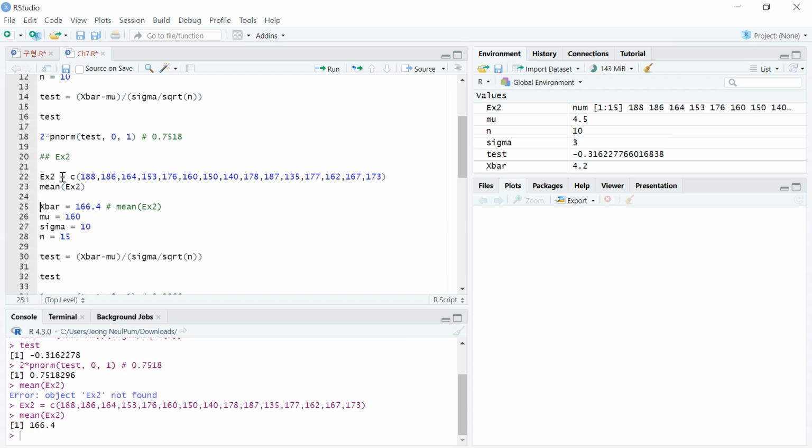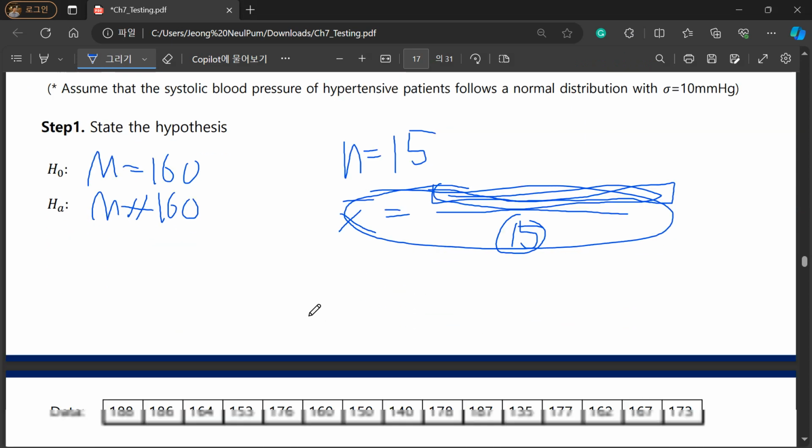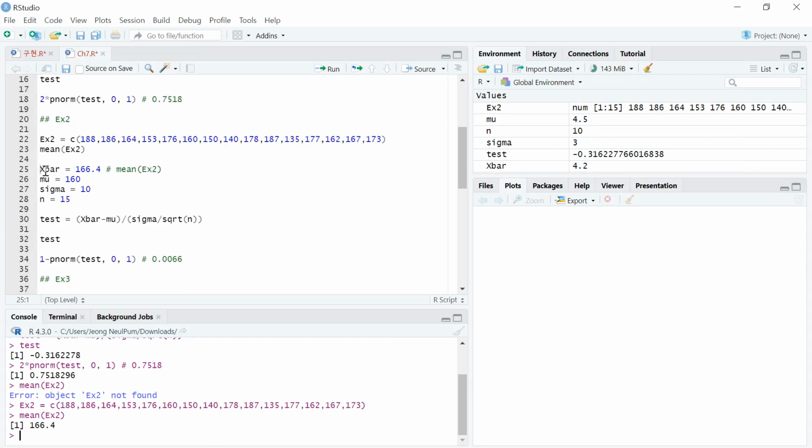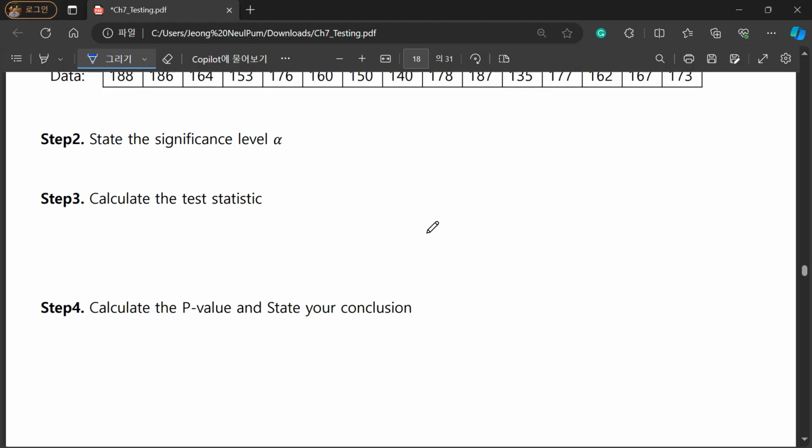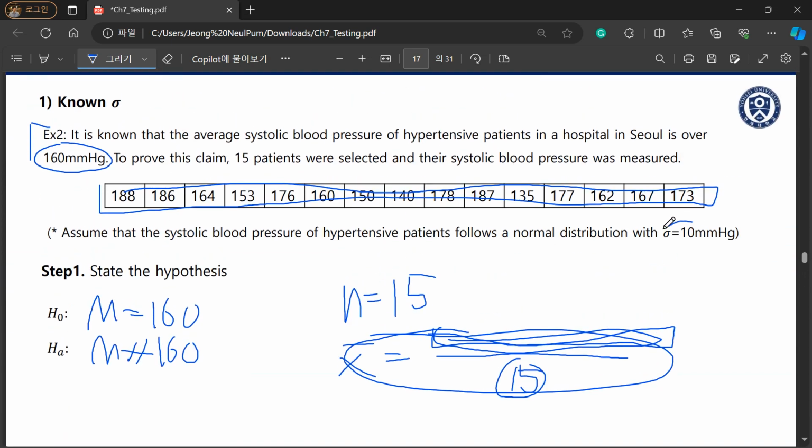So it gives us that the mean value is 166.4. I store the mean value in our variable x bar. And our hypothesis testing is about whether mu is equal to 160 or not. Because we assume that the null hypothesis is true, we set mu as this value, and also sigma as 10 maybe here.